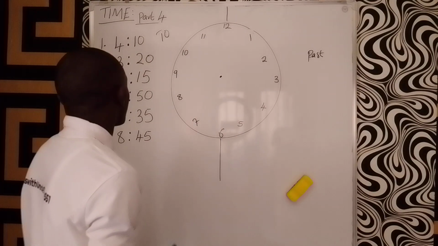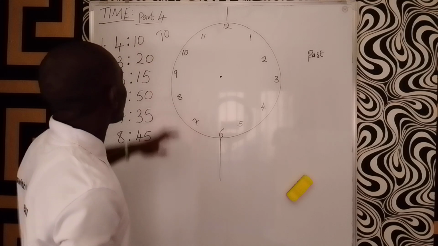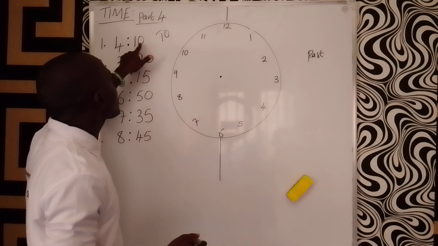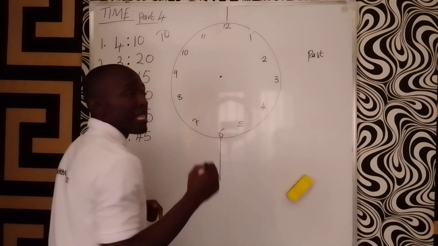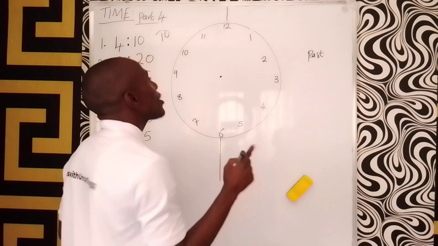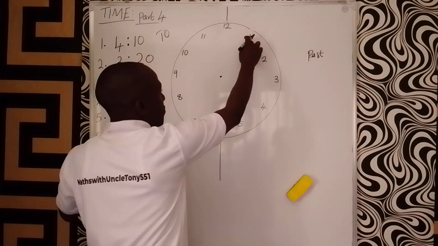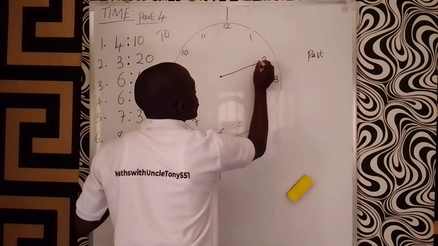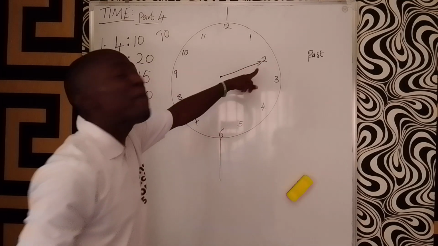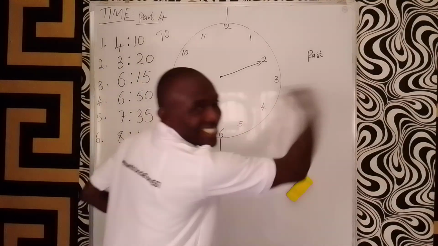Okay, let's quickly look at number 1. It says 4:10. That means 10 minutes past 4. Now we have to locate our 10 minutes, which means the minute hand is pointing at 10. Where is 10? From here to here is 5. This is 10. The minute hand is pointing at 2. This is 10 minutes. Remember, why is it past? Because the long hand is pointing this side.